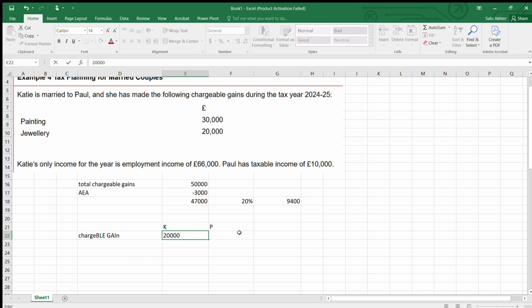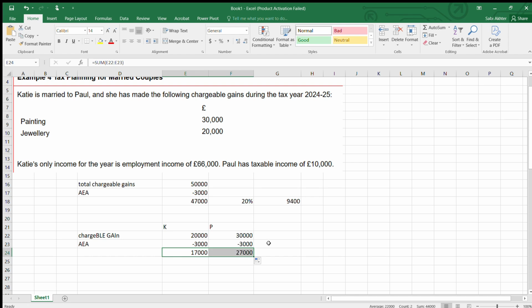The 30,000 is transferred to Paul. Then from this 20, deduct annual exempt amount minus 3,000. It's the same here. Then calculate the net chargeable gain.